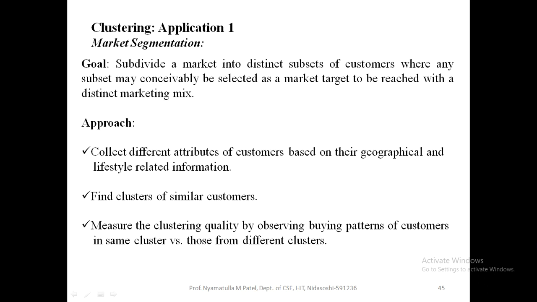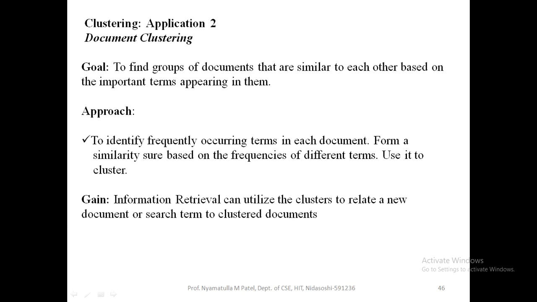Now, you need to perform clustering of such types of customers. Measure the clustering quality by observing buying patterns of the customers in the same cluster, versus those from different clusters. Some people buy very costly or branded clothes, whereas some customers buy normal clothes. Based on that, you can classify.